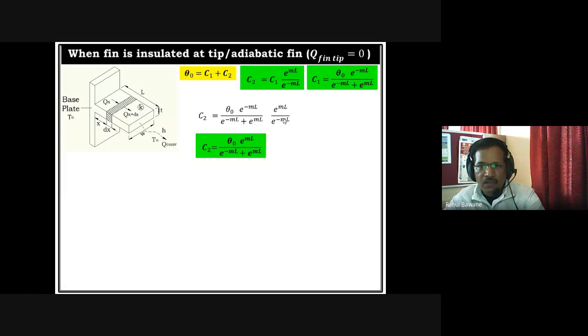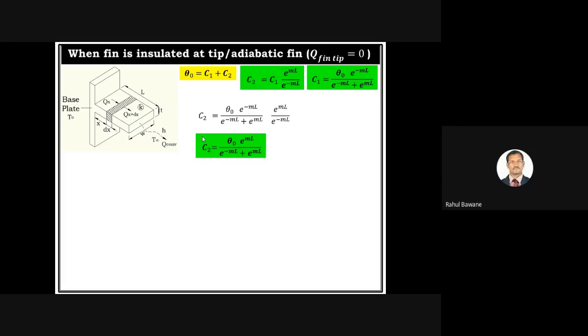So on simplifying this, e raised to the power minus mL and minus mL will get cancelled. So we get the value C2 equals theta 0 e raised to the power plus mL divided by e raised to the power minus mL plus e raised to the power mL. So now we got the value of C1 as well as C2 without any constant.